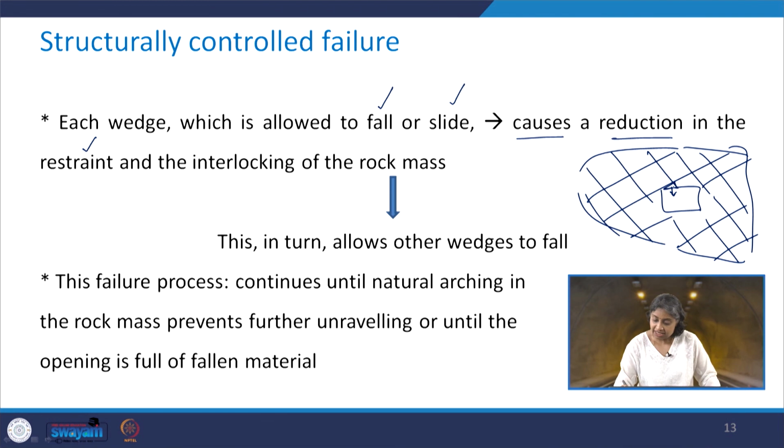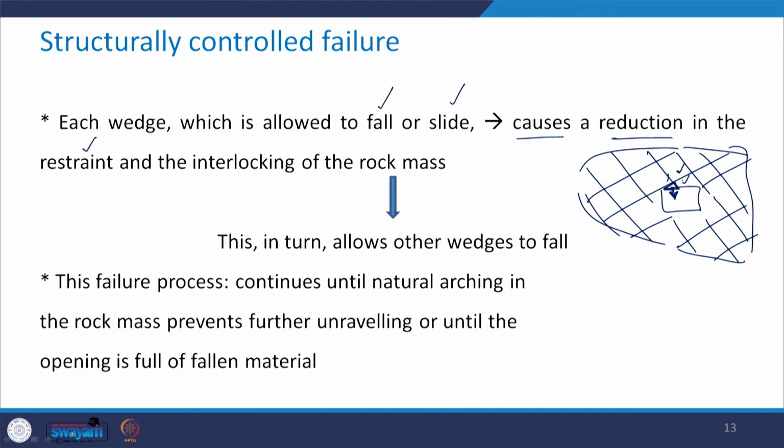This particular wedge was restraining this portion, this portion and this portion. The moment it is removed, that restraint is also removed. So, the other wedges will also be allowed to fall, or even if they do not fall, they will become a bit loose. That will deteriorate the quality of the rock mass.